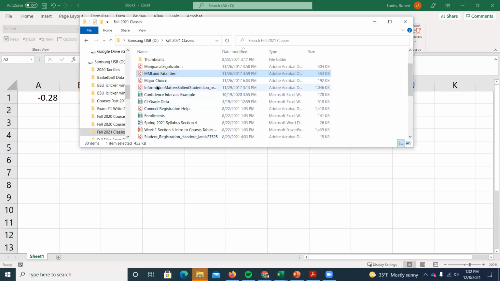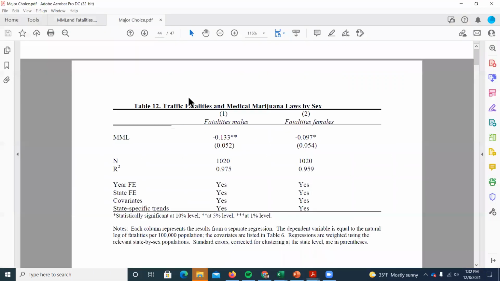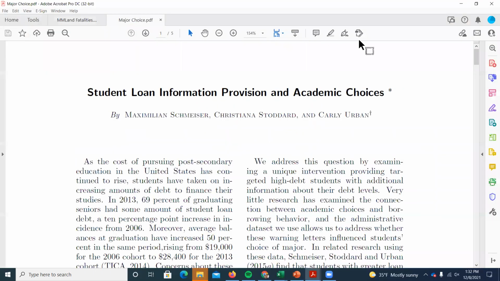paper that I won't expect you to necessarily do. I think this was the one I dropped in there, which was major choice. So I'll explain to you what they did. So this paper, and I forget the details, we can look at it in a second, of exactly what the letter said, but they had two universities, Montana and Montana State, and all this data on the students there, right?